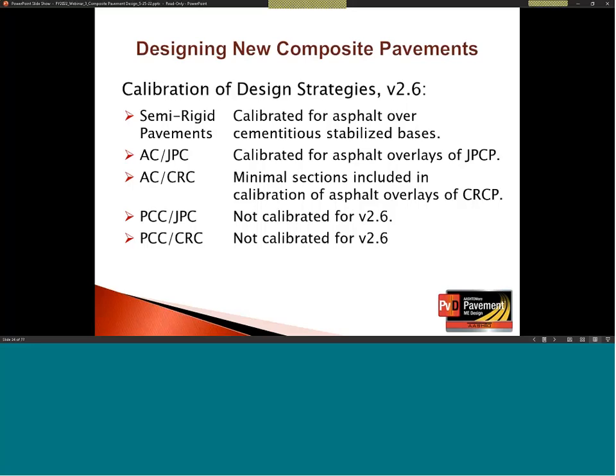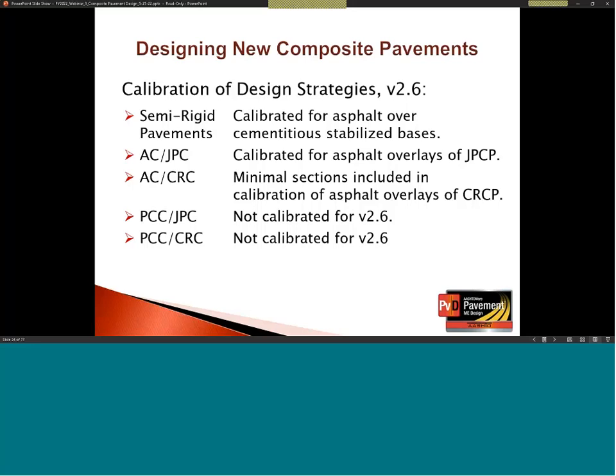Now moving down to the last two items, where we have a higher quality PCC placed over a JPC and or a higher quality PCC placed over a CRC type mix. Those have not been calibrated for version 2.6.